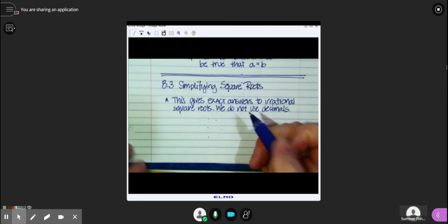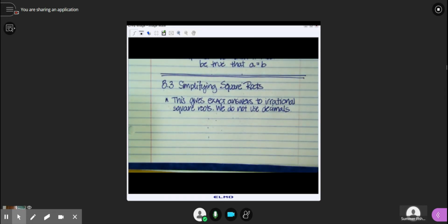You can think of this as like when you reduce a fraction. You know how 5 over 10 is 1/2 or 0.5? Excuse me, but we write it as 1/2. We reduce that fraction. This is what we're doing when we're simplifying square roots.